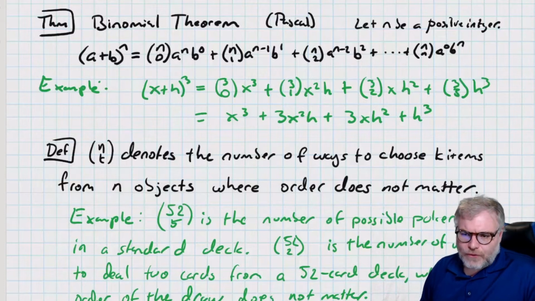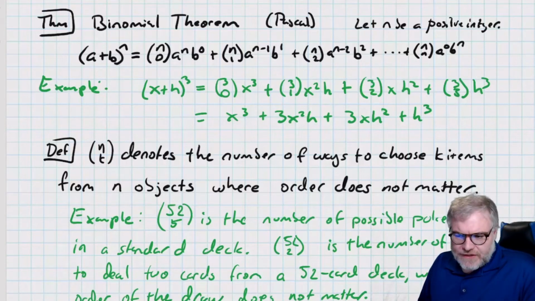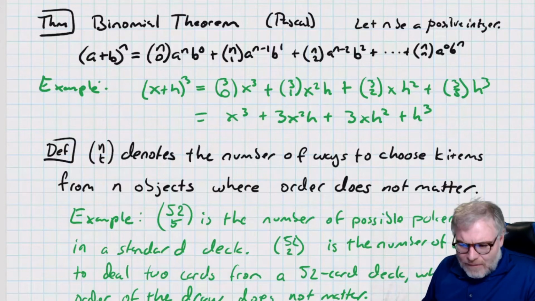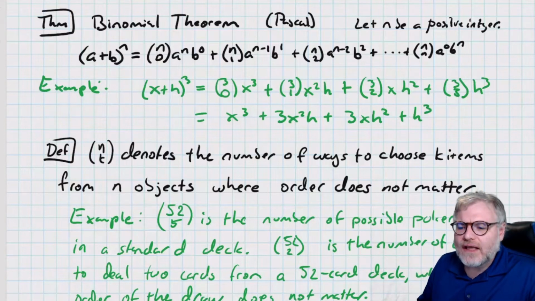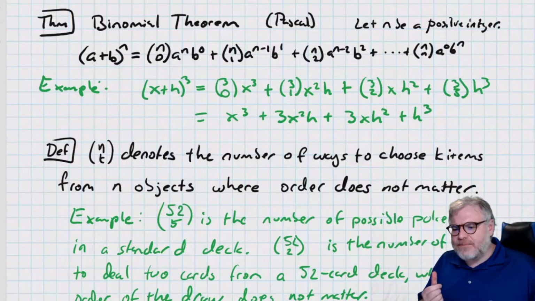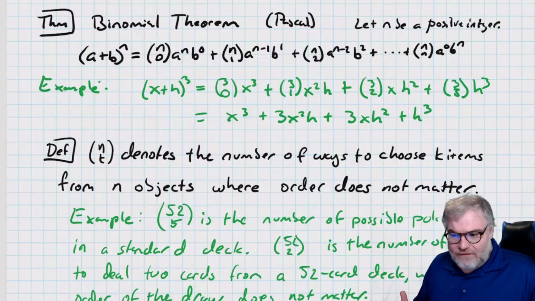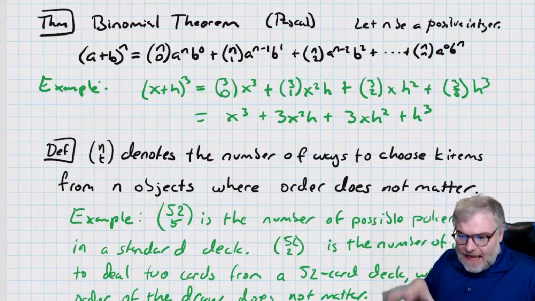So in order to prove the power rule for positive integers, we're going to need some old pieces from high school. And the first of these is the binomial theorem. So this is Pascal's binomial theorem. And the binomial theorem, believe it or not, is one of the big pieces of glue in mathematics. It connects simple ideas from counting, with algebraic structures involving numbers, to analytic structures like calculus.